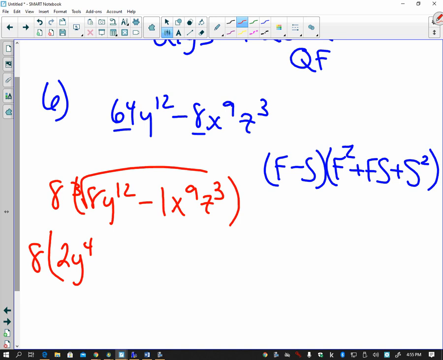Okay, 2y to the 4th minus, and the cube root of 1 is still 1. x to the 3rd z. Okay, and then we go back to our original formula over here and do what we should do. So 2 squared is 4, y to the 4th squared is 8.